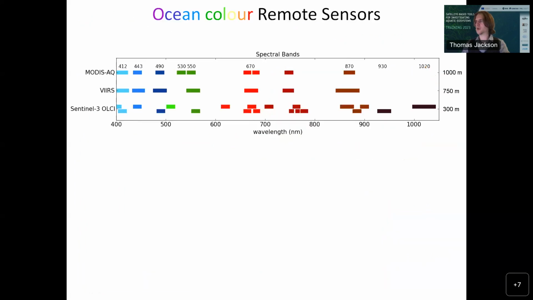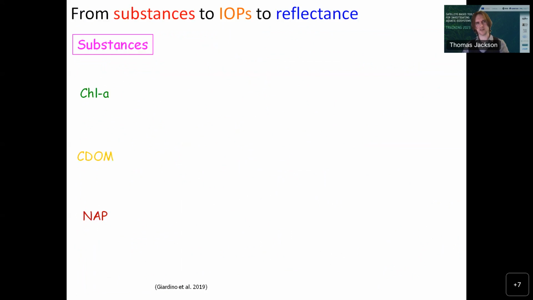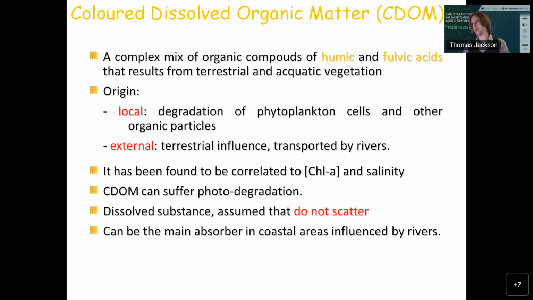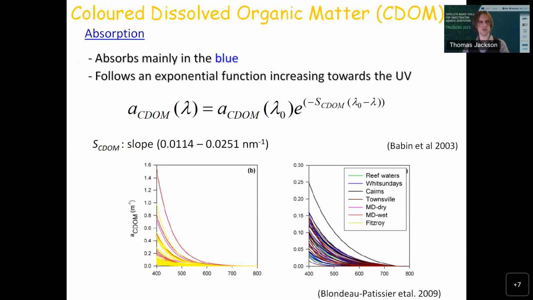And there was another question around coloured detrital matter versus coloured dissolved organic matter, and whether it is possible to convert between them, or are there empirical relationships? If you could go back to your section on CDOM and expand a little there, that would be very good.